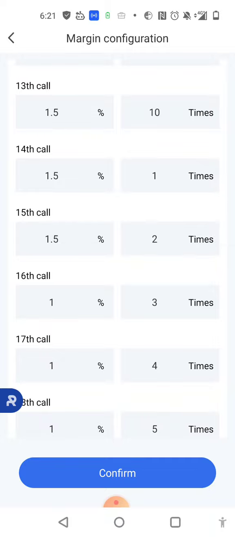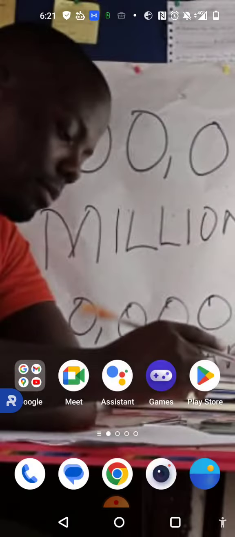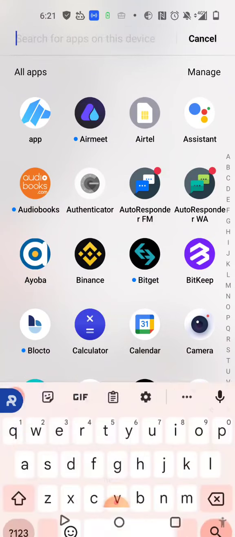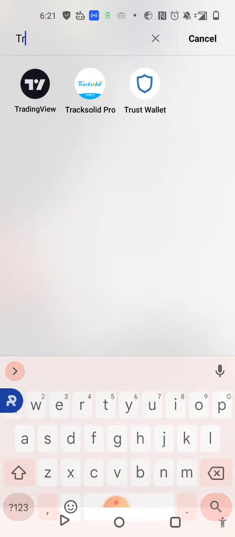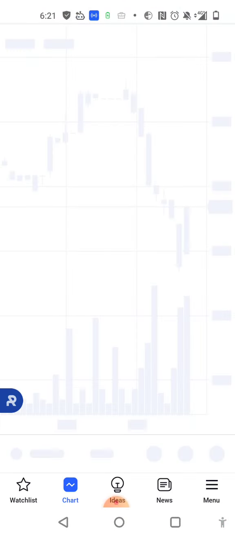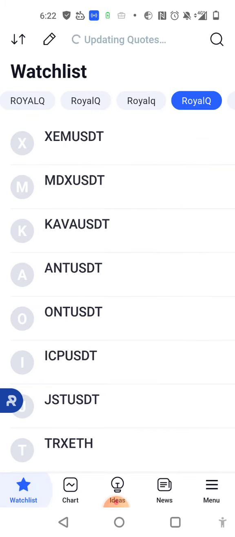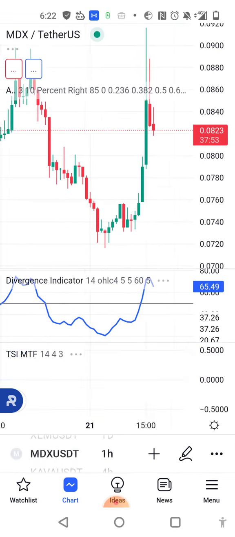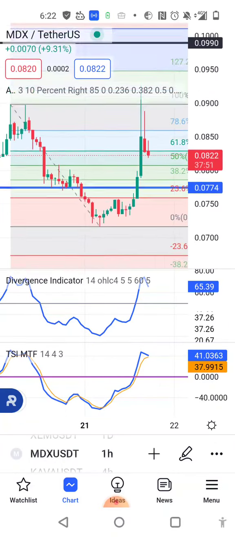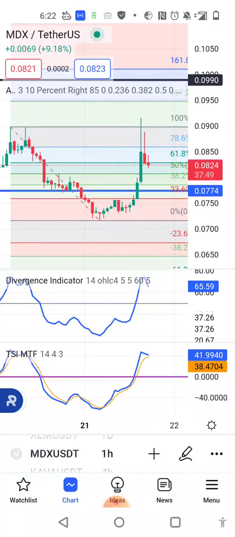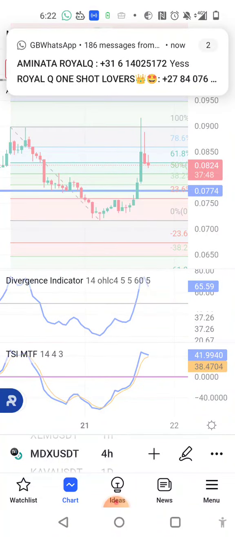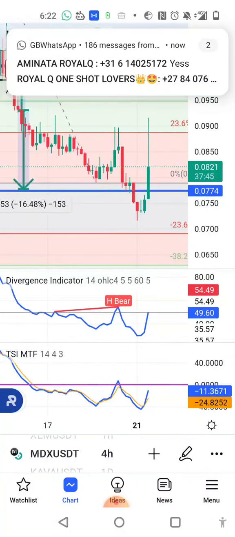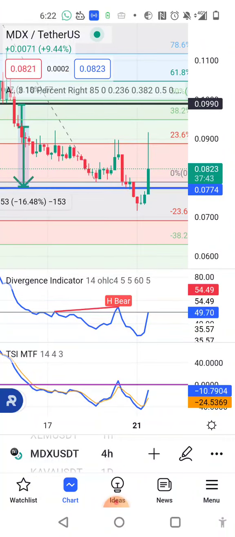Now let me go to TradingView and look at MDX as a coin. Maybe I was trading MDX. Let me take the 4-hour time frame, just for learning purposes.